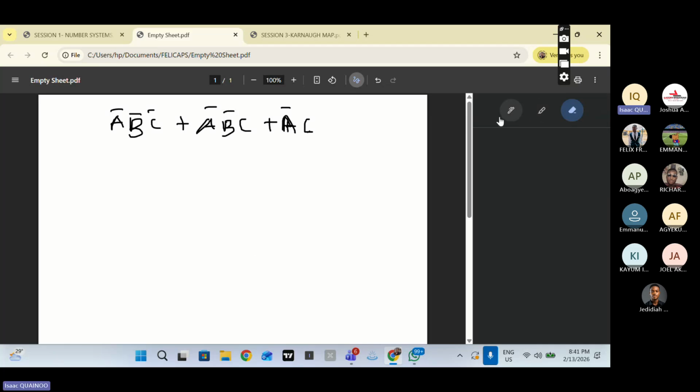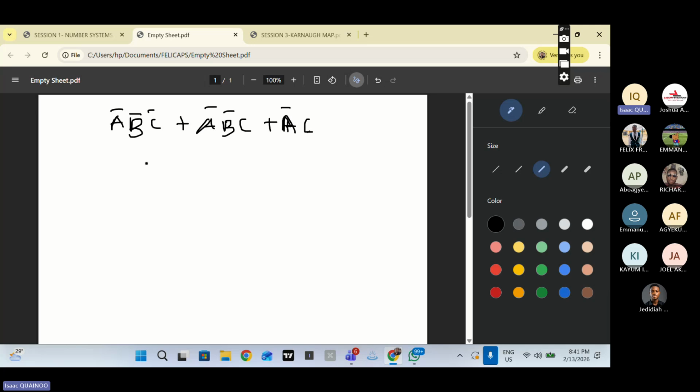All right, so let's solve this again. So we have our A bar, B bar, right? Out, right? So we'll be left with C bar plus C plus A bar C. So C plus C bar gives us 1. And then we have our A bar, B bar, right?